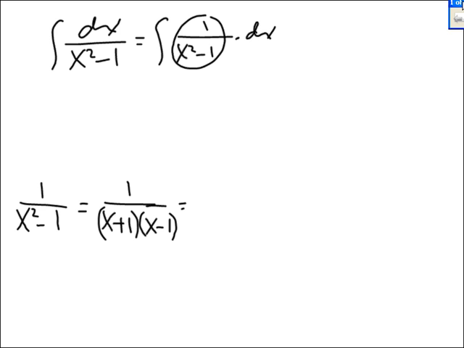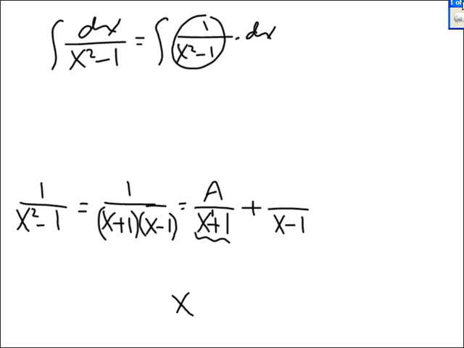And I claim that I can even write it as a sum of fractions where one denominator is x plus 1 and the other denominator is x minus 1. Since x plus 1 is to the first degree, what goes on top will be a polynomial 1 degree less. 1 degree less than 1 is degree 0, which is a constant.